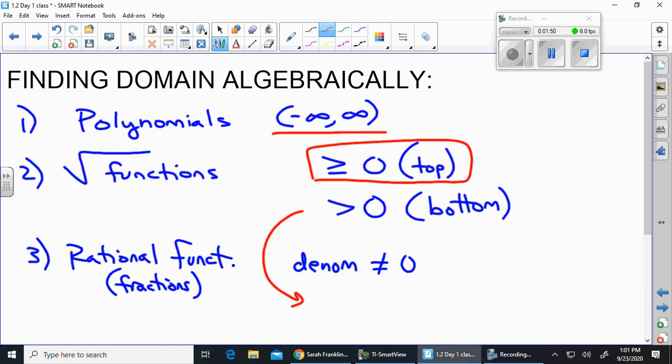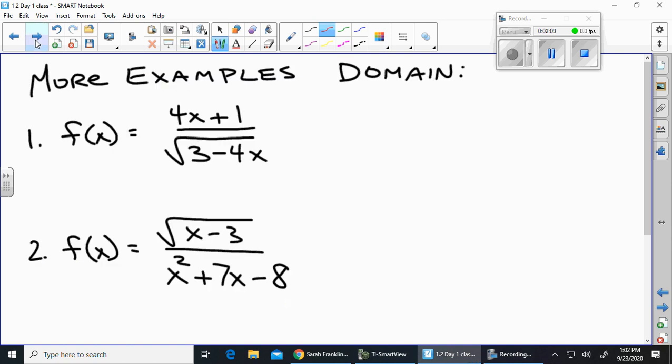If it is a radical, you're going to want to put it greater than 0 because it can't be 0 on the bottom. And you're talking about just what's under the radical. So don't do anything with the square root. So what I'm going to do is like 6 examples.